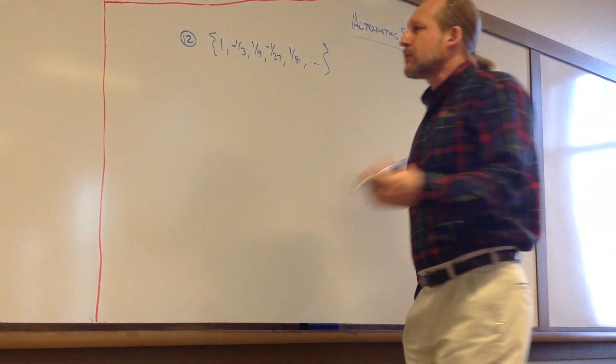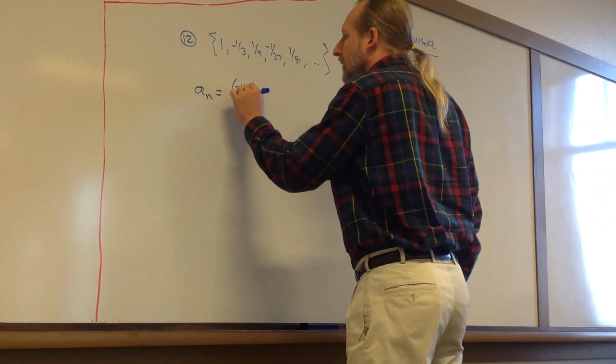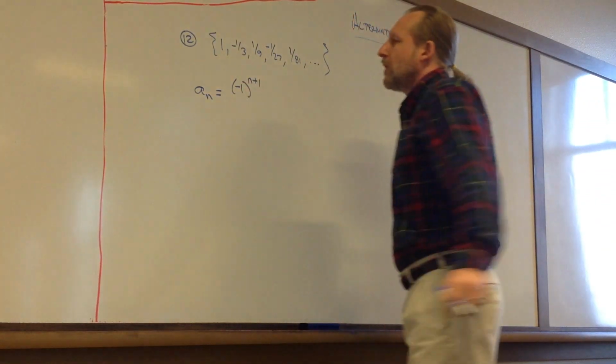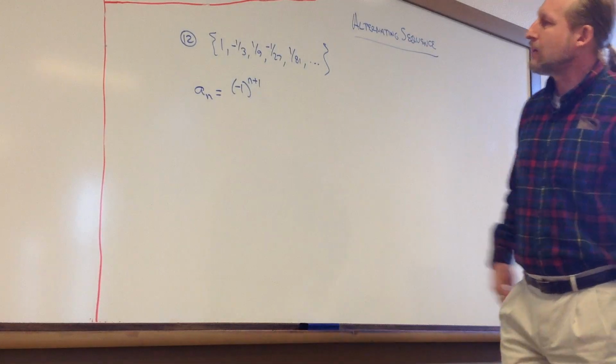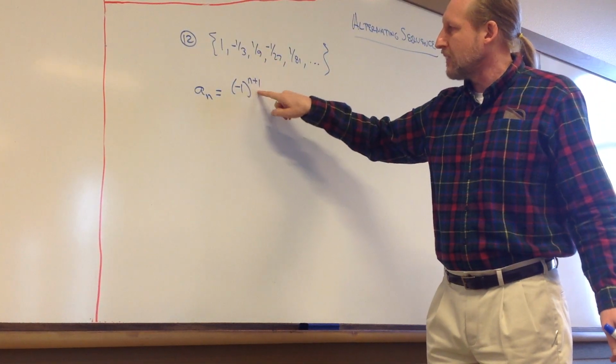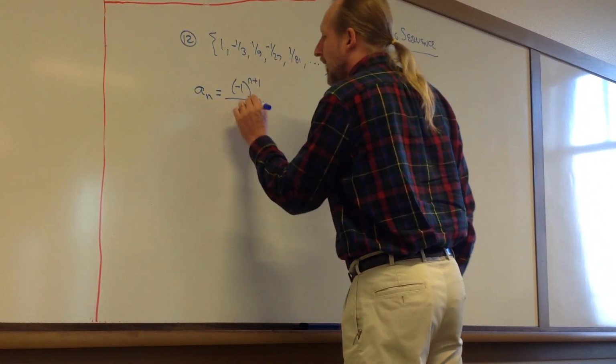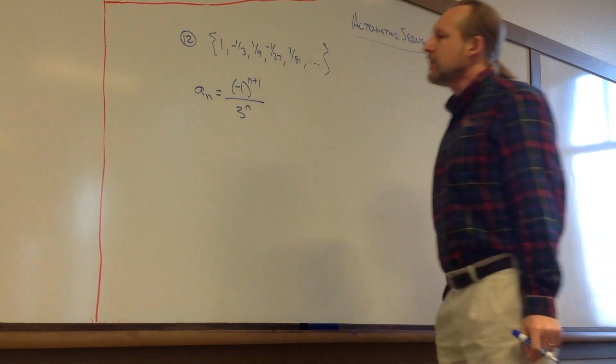So if I wanted to start to construct this, a sub n, I'll have -1 to the n plus 1 power. So that'll make this start positive, right? And then the second one will be negative and so on. And then the denominator is just powers of 3, over 3 to the n power.